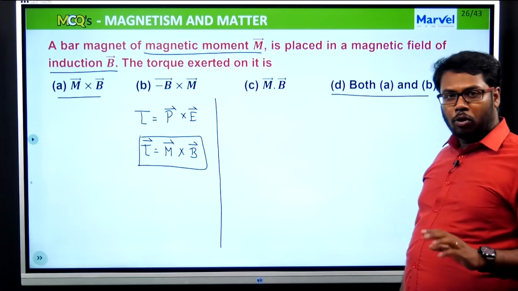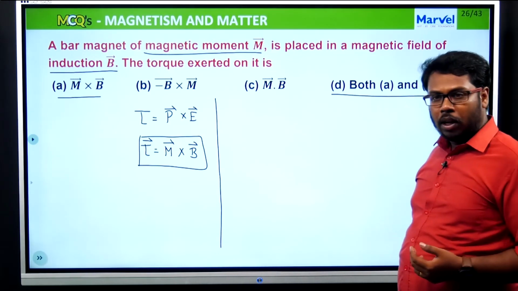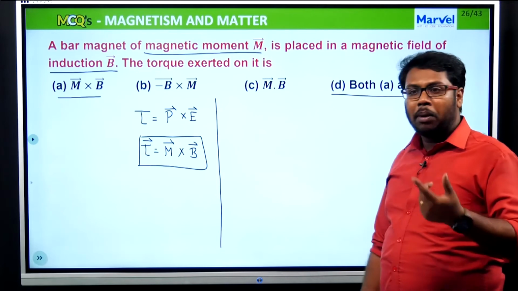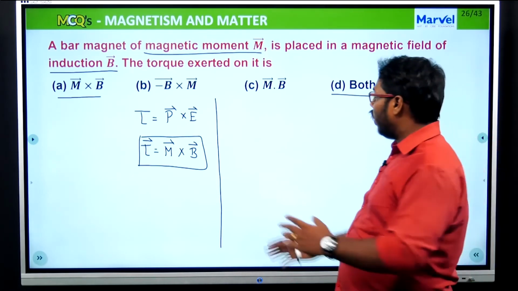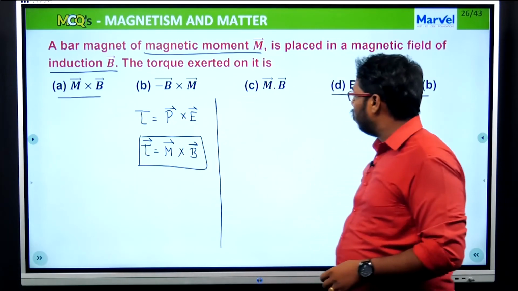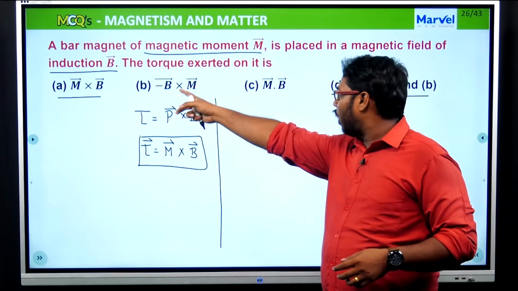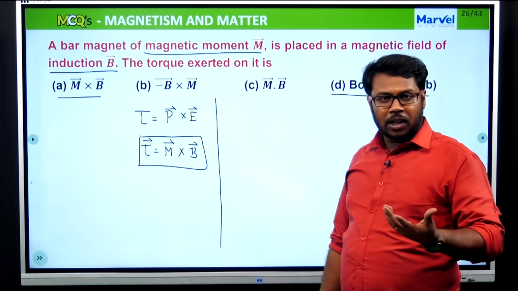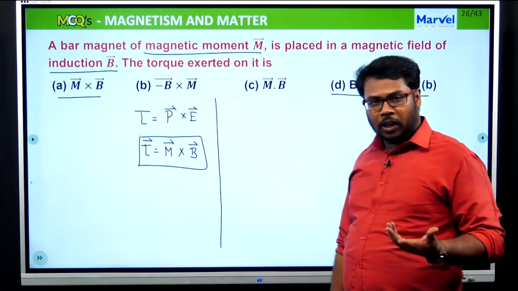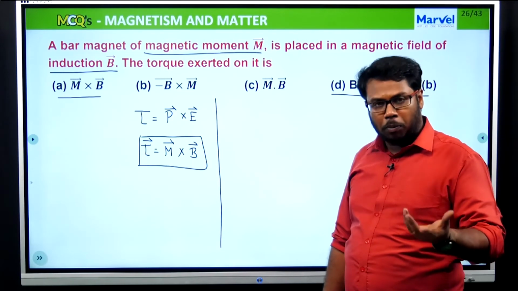So now I have to check option B. In option B, we have B bar cross M bar along with a negative sign. If I swap the terms, taking M first and B second, I will again get a negative sign. We already have a negative sign in the option, which makes it positive.